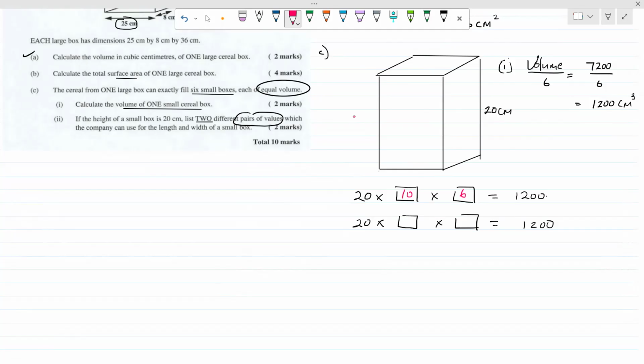What about if I double this up and I use this to be 20? 20 by 20 will give me how much? 400. And to get the other value for here, if I divide the 1,200 by 400, how much would I get? 3. Everybody understand?